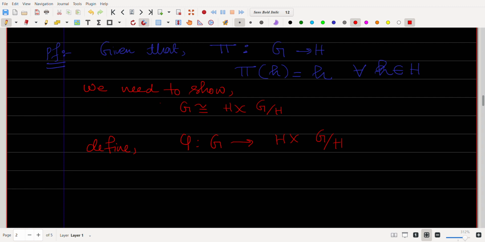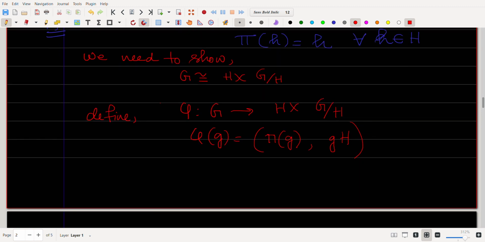Now, from the given condition, you have this map pi, right? So you need to construct this phi map using the given pi map. So what is the obvious choice? The obvious choice is phi of g defined as pi of g, which is an element of H, comma this left coset of H, g dot H. Now we need to show that this is an isomorphism.